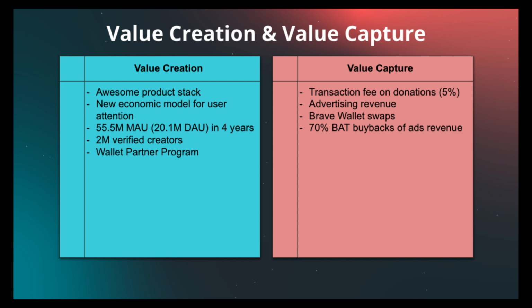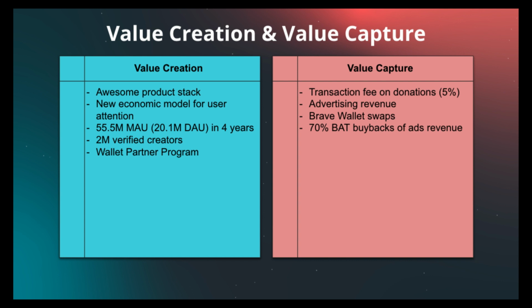So if you're using their wallet for this kind of operation, then the fees are also going to the treasury. And they are buying back 70% of their ad revenue.